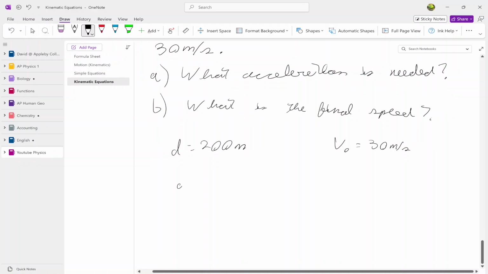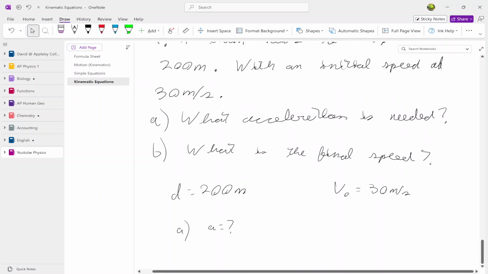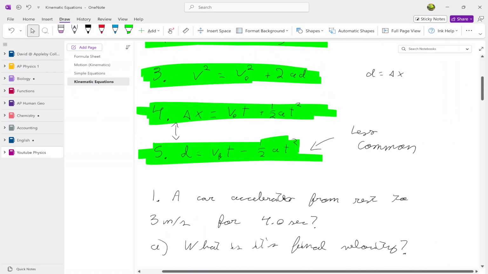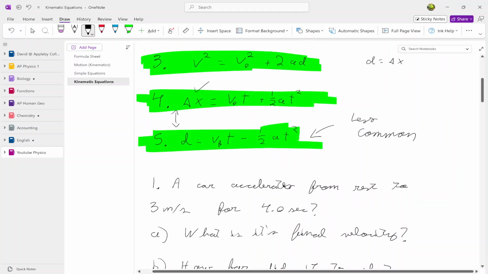So A is asking us for acceleration, which is unknown. So what will we use? Well, probably the same one we used last time. We have displacement, we have initial speed, we don't have time.